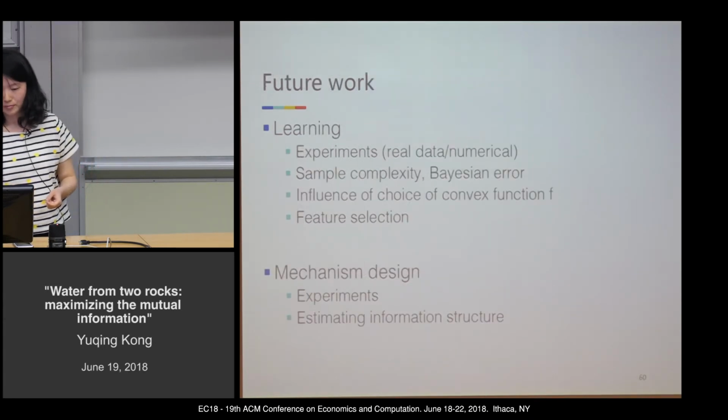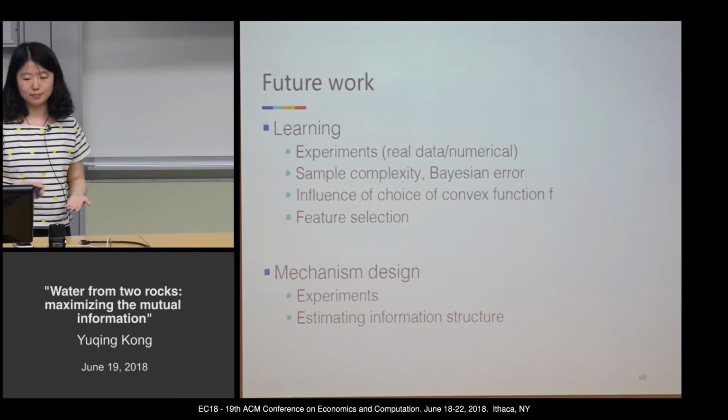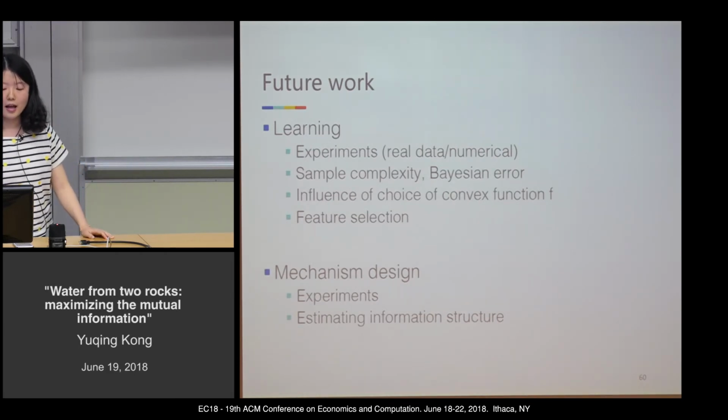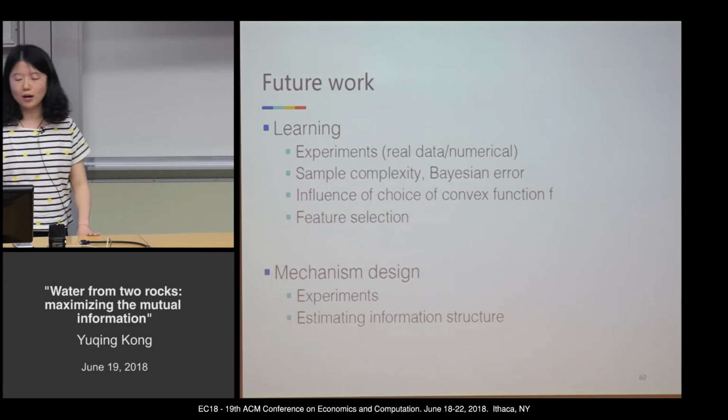Okay. And the future work, for the learning part, one is just to run the experiment. And also, we want to analyze the sample complexity and the Bayesian error. Another interesting thing is the influence of the choice of convex function f. So in our result, we do not care, we only care that f is convex. But when we analyze the convergence rates, I think the choice of f will be important.